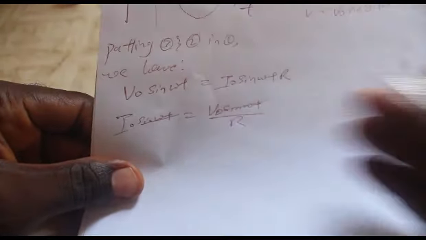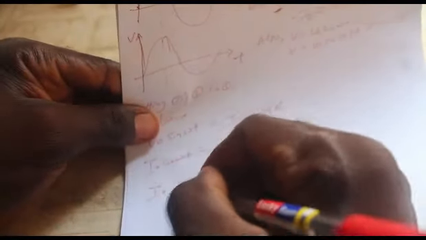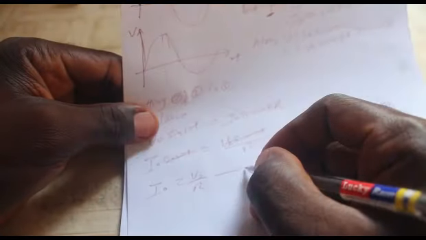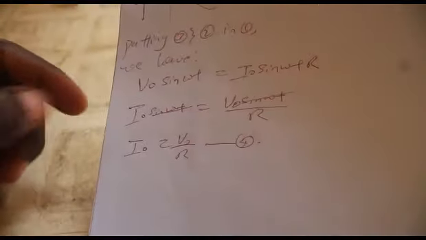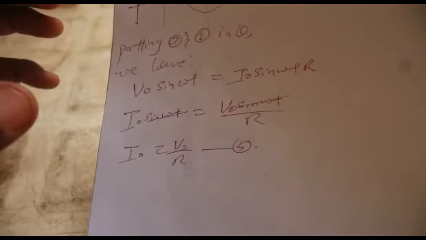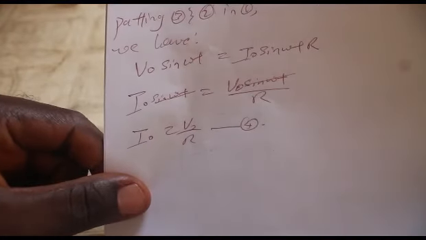What we have left is I naught equals V naught all over R, as equation 4. So the peak current and the peak voltage are related like this using Ohm's law.